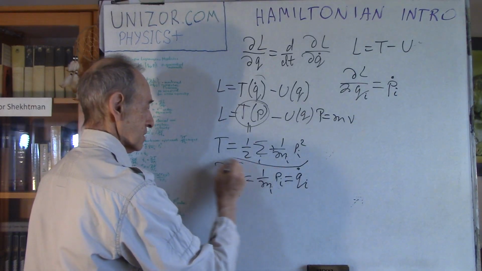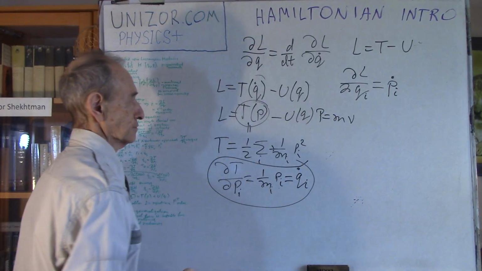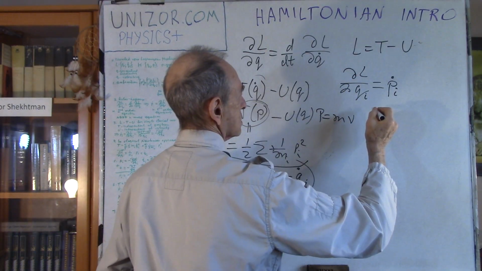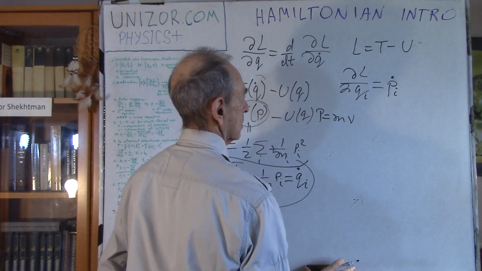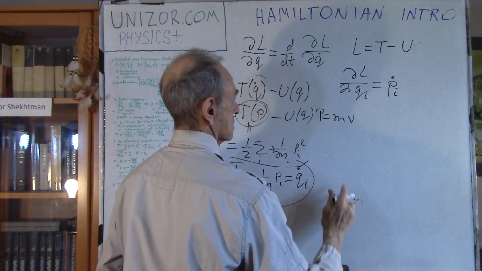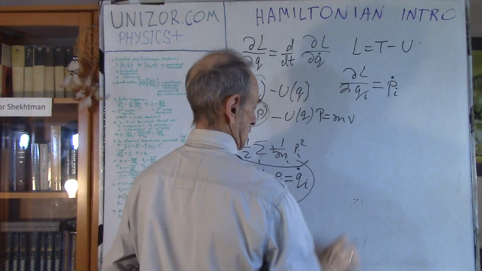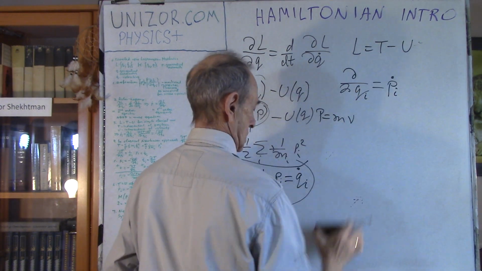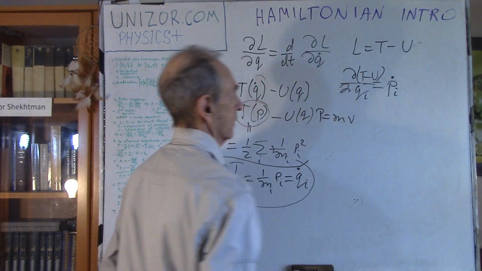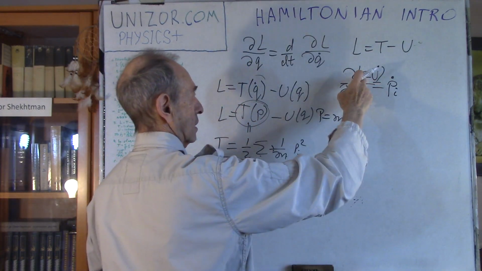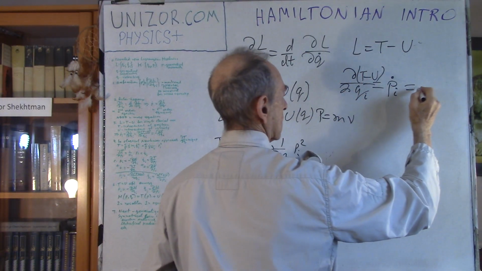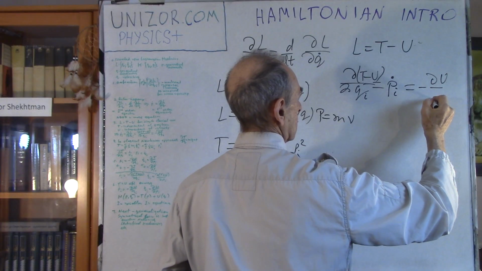Now, this is an interesting equation. Now, this is also an interesting equation. So let's rewrite this as T minus U. Now, we know that kinetic energy is independent of coordinate. So this is actually minus dU by dq_i.